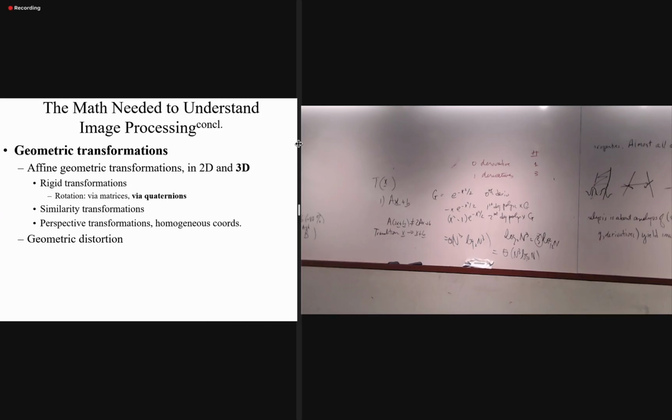But computationally, that turns out to be a crummy way to do it. It's hard to understand and figure out what it ought to be. There is a different way of looking at it that has to do with understanding that every rotation has an axis and an angle of rotation about that axis.